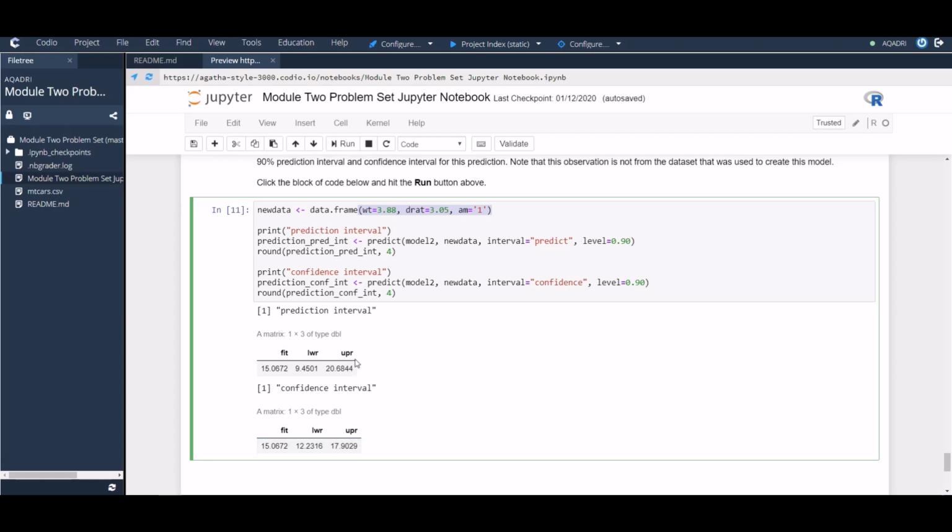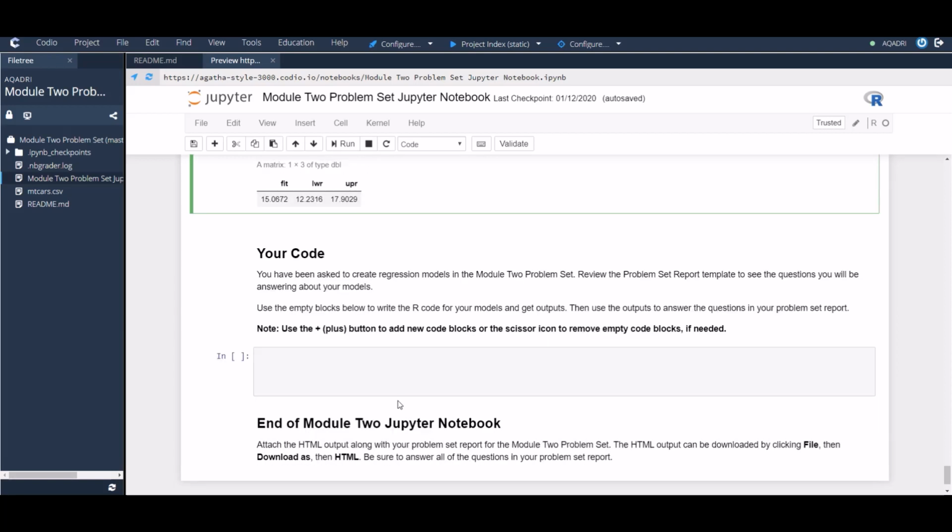Okay, so that's your prediction and confidence interval, and that's pretty much it. After this, you essentially have to use problem set 2, the homework assignment for this week, to create your model that will utilize interaction terms as well as categorical predictors that use dummy variables.